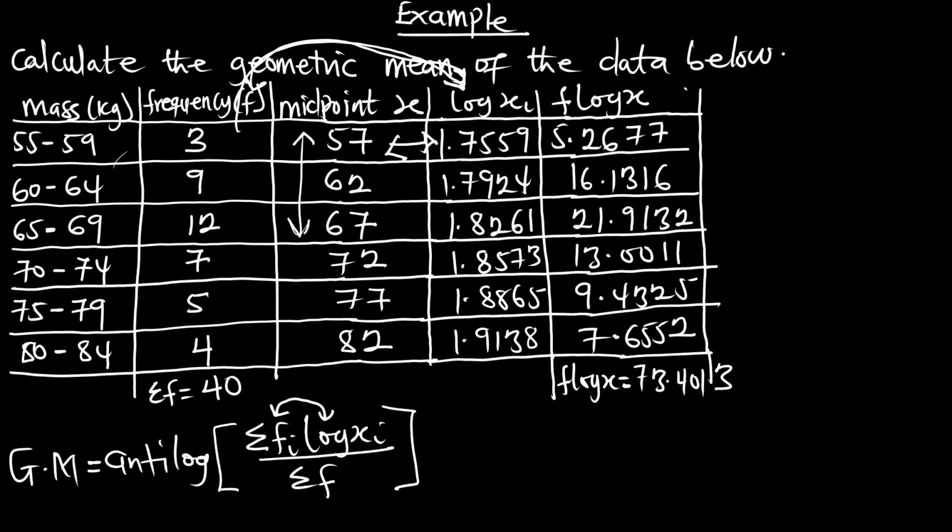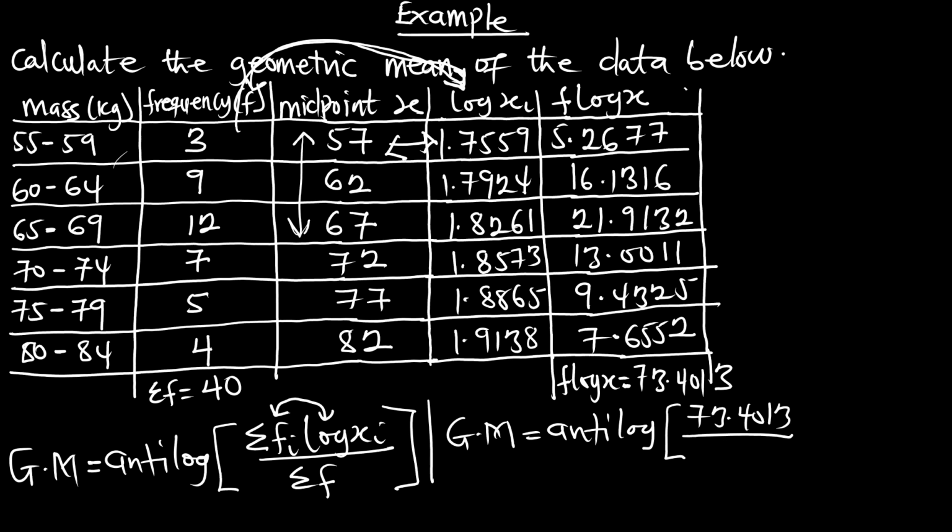Are we okay? So now from the formula, our GM is going to be antilog of summation of f log x, that's what we are getting at, 73.4013, over summation of f, which is 40, this way. So this is antilog.